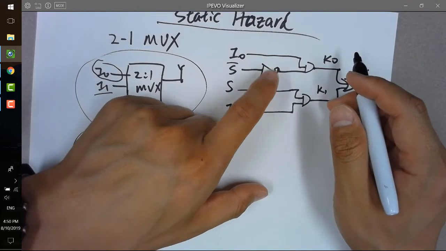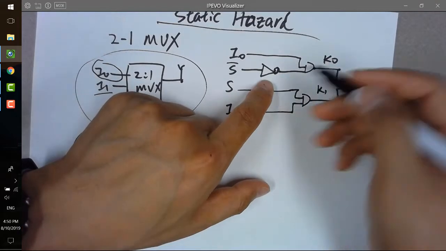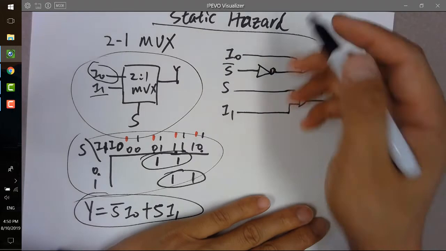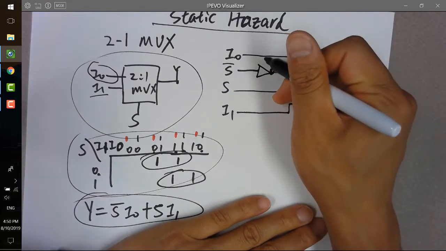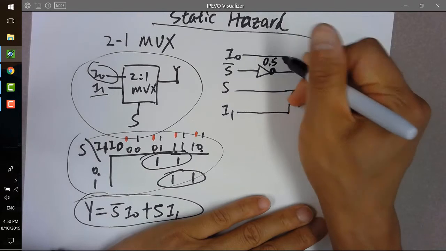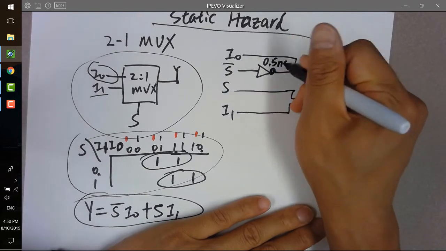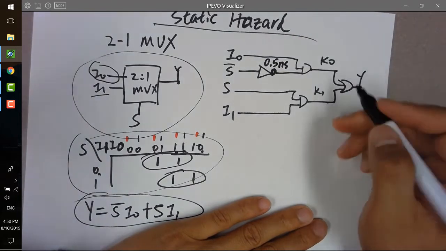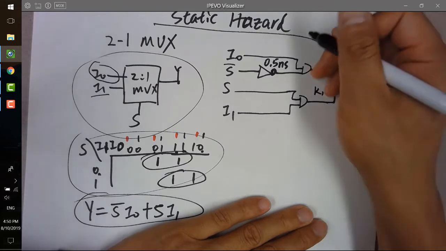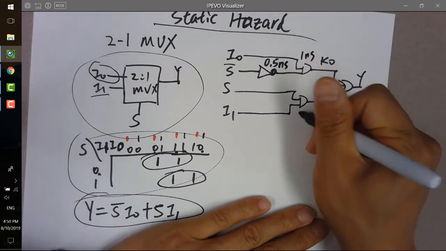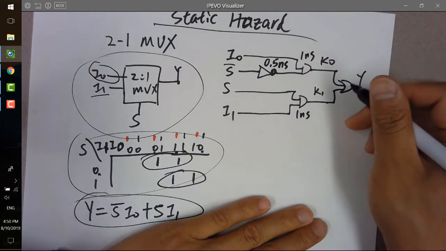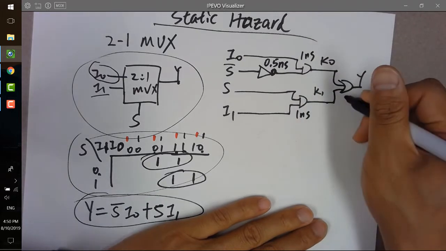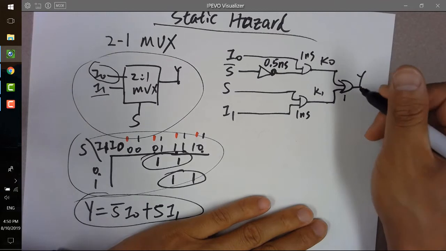So that's why we want to look at this kind of circuit, and we will take the delay into consideration here. For example, the inverter will introduce a 0.5 nanosecond delay, and the AND gate will introduce a 1 nanosecond delay, and the OR gate will have a 1 nanosecond delay as well.